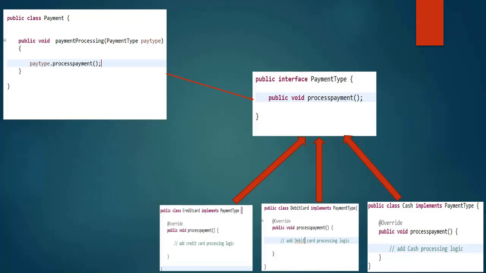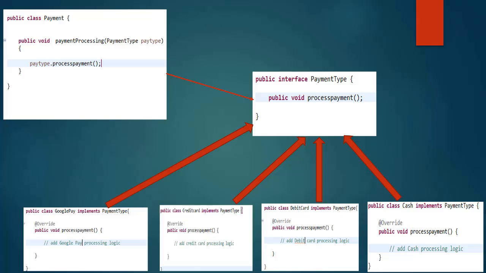So to add the new feature, I am not touching or modifying any of the existing code. Now the application is working fine in production and six months down the line, you want to add one more payment type, say Google Pay. Again, I need not change the payment class. I just need to create a new class, Google Pay, which needs to implement the interface payment type and will define its own process payment logic.